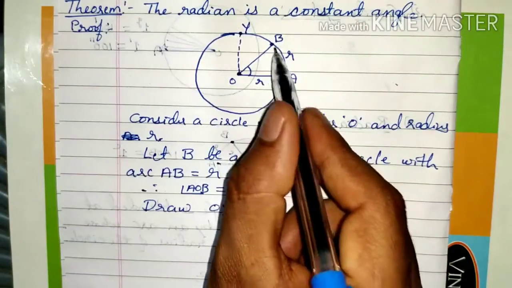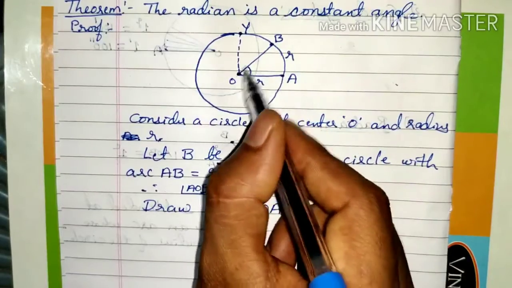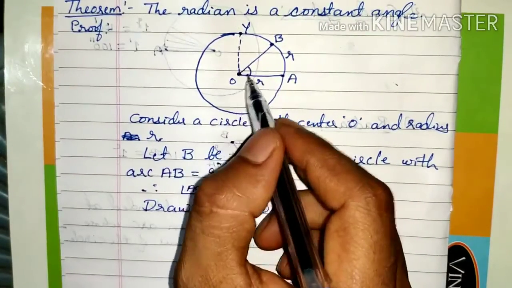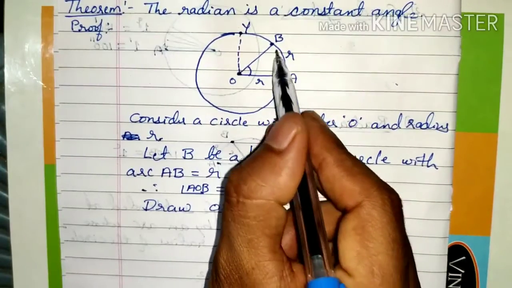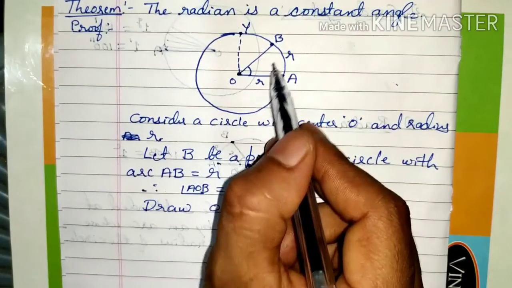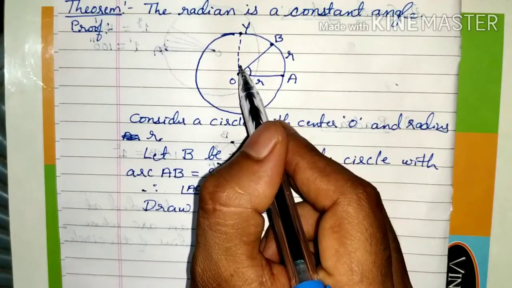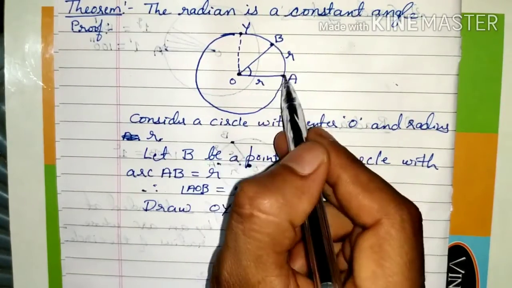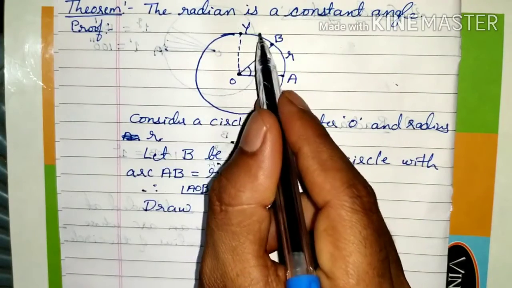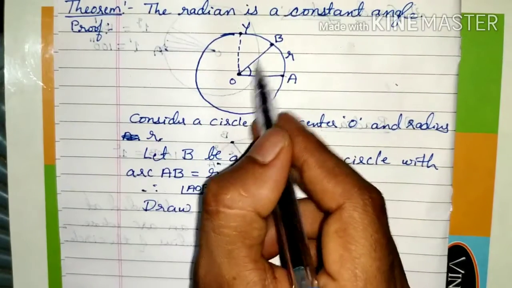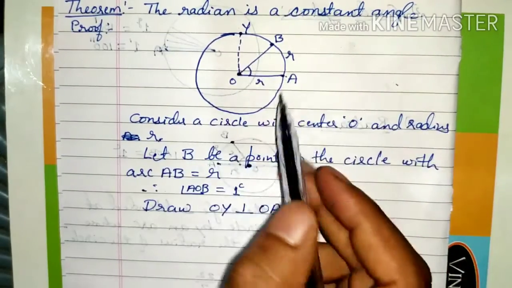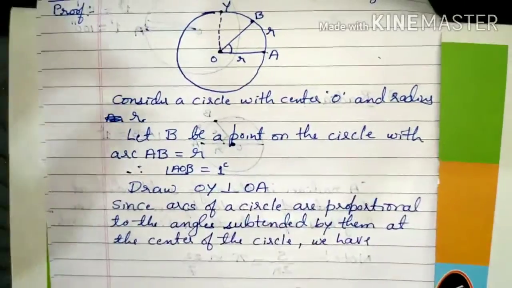With respect to AB the angle is AOB, with respect to AY the angle is AOY. Since arcs of a circle are proportional to angles subtended by them at the center, arc AB divided by arc AY is always equal to angle AOB divided by angle AOY. That is the meaning of proportional, so you have to write here.